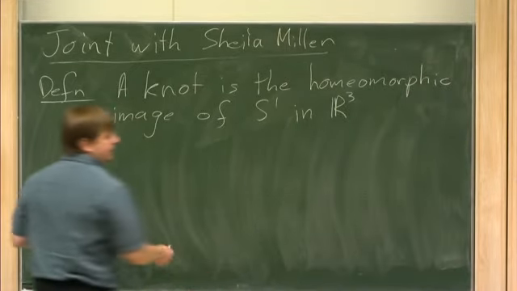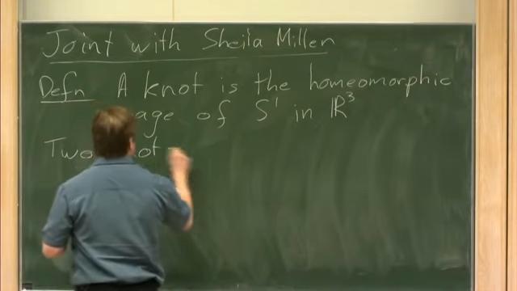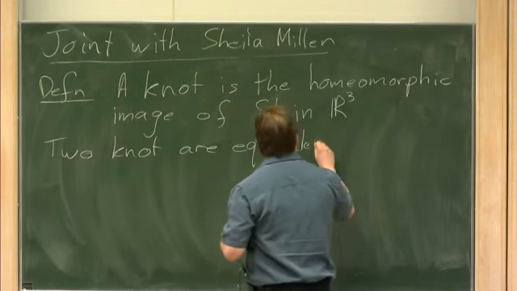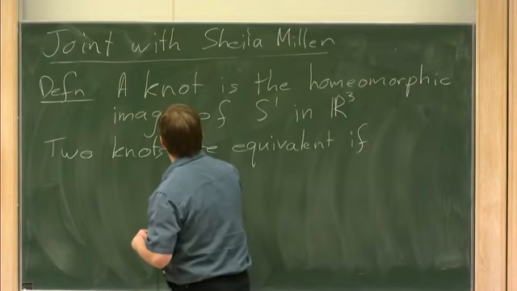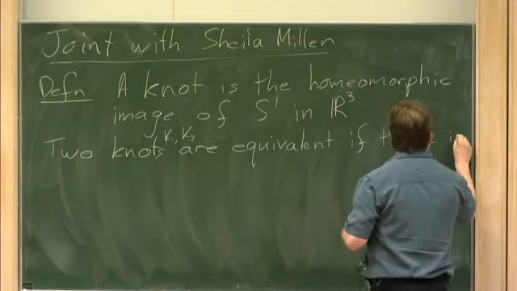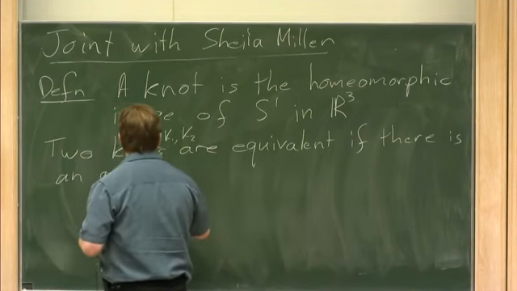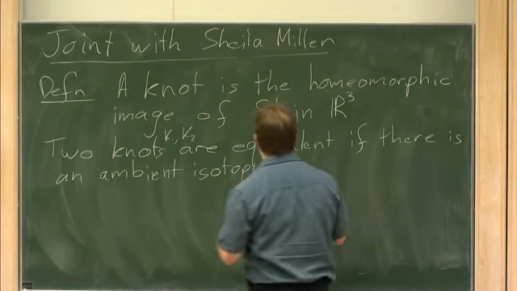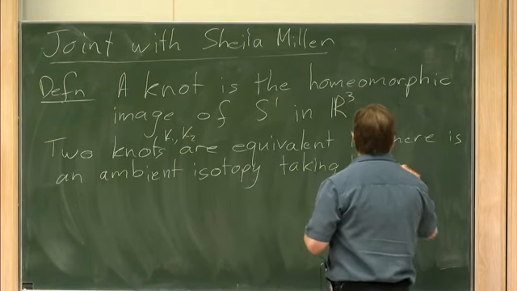So the definition is: two knots K1, K2 are equivalent if there is an ambient isotopy taking K1 to K2.